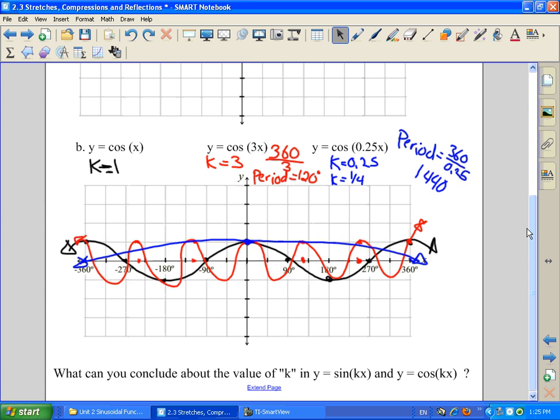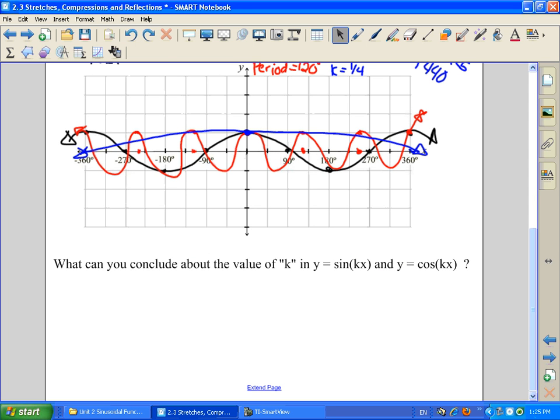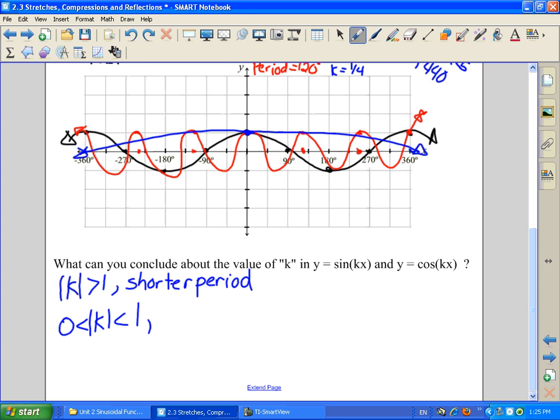All right, so let's make some conclusions about our lovely letter k. If the absolute value of k is greater than 1, we know we're going to have a shorter period. Whereas if the absolute value of k is in between 0 and 1, we know we're going to have a longer period.